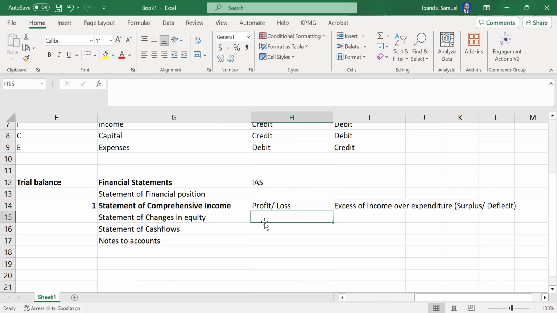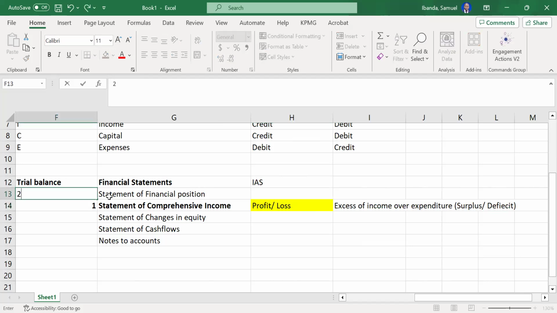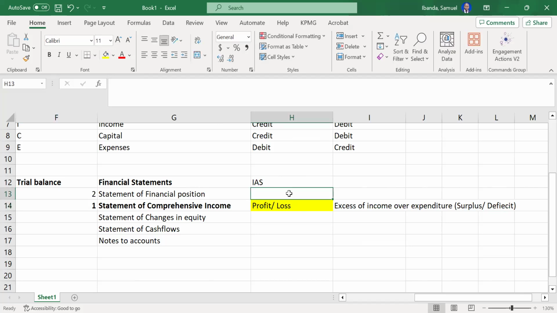Why? Because there's something that we are picking from it that is going to our so-called balance sheet. So this profit or loss goes to our balance sheet, and our balance sheet is usually the second thing that we prepare. Our balance sheet is basically the statement of financial position.